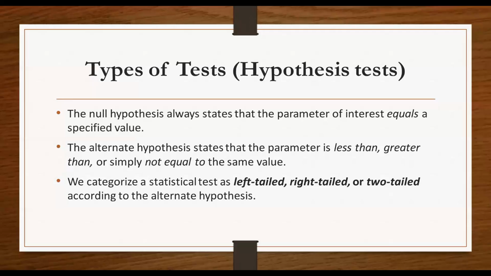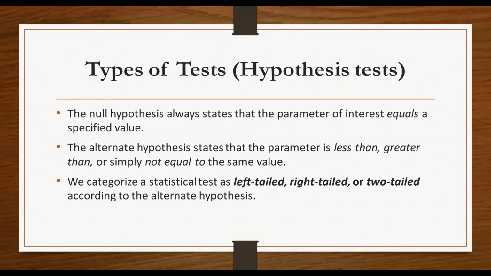Understand the language. Now, the null hypothesis always states that the parameter of interest equals a specified value. This is very important for you to take home. The alternative hypothesis states that the parameter is less than, greater than, or simply not equal to the same value.